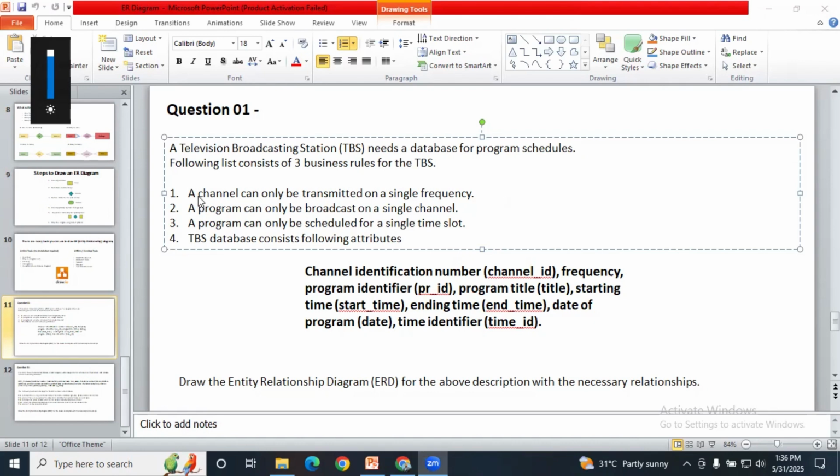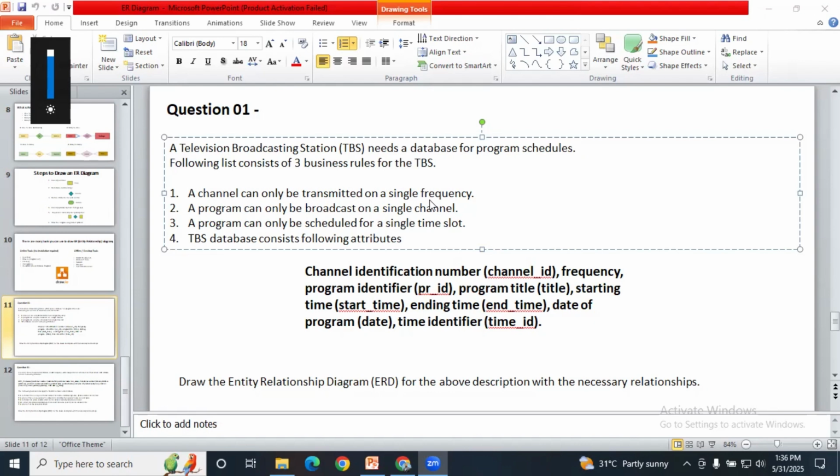In the first line, they are saying a channel can only be transmitted on a single frequency. So when we are drawing an ER diagram, what is the first step? You want to read the scenario and identify what entities are included in this scenario. Someone says channel.